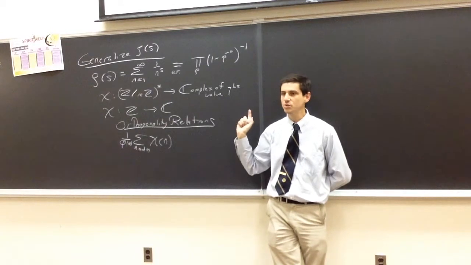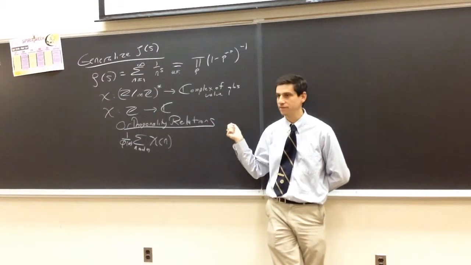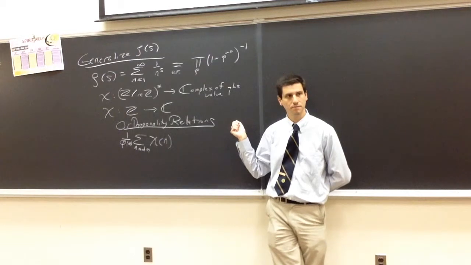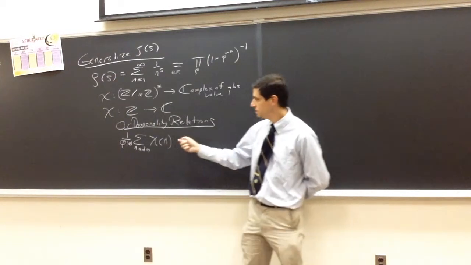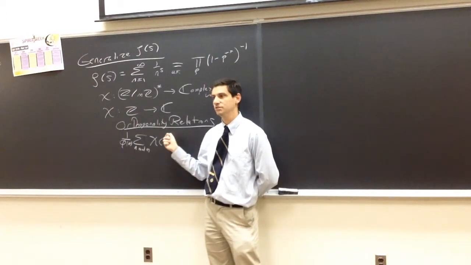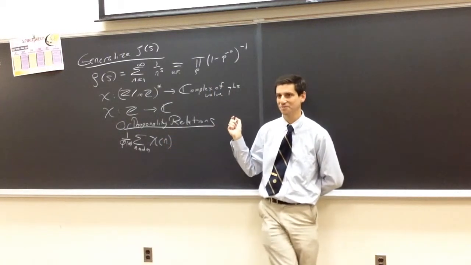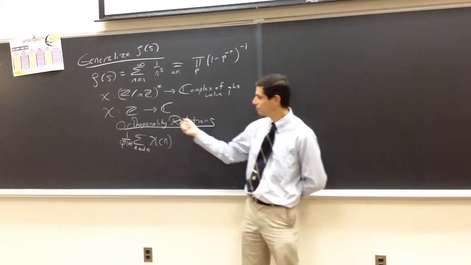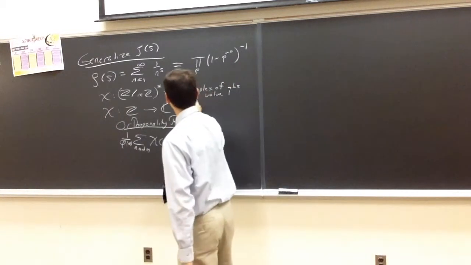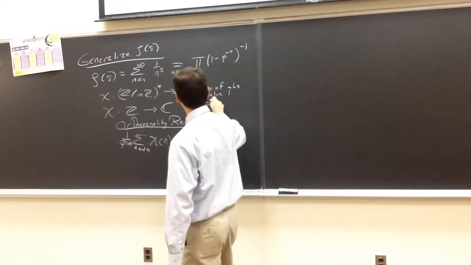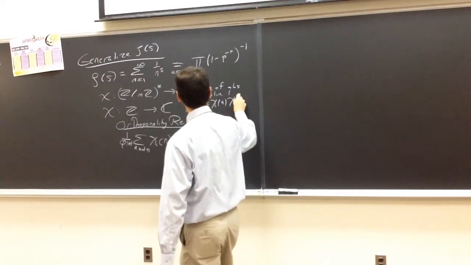There's one situation when you do not expect to have cancellation. What's that situation? So what value of n will not have cancellation? 0? Well, if I put in 0, chi of 0 is always 0. So it's not 0, it's the only other number, 1. Right? We have a group homomorphism. Chi of a times b is chi of a times chi of b.